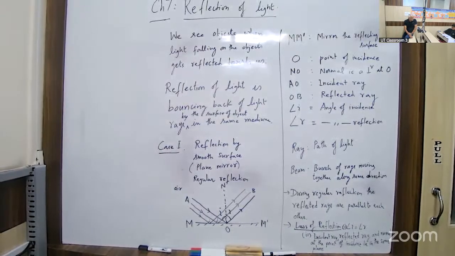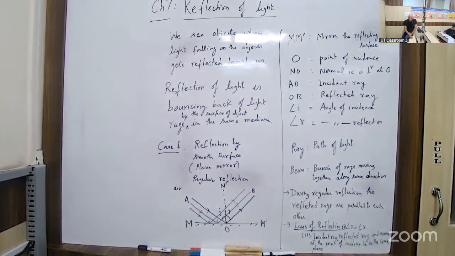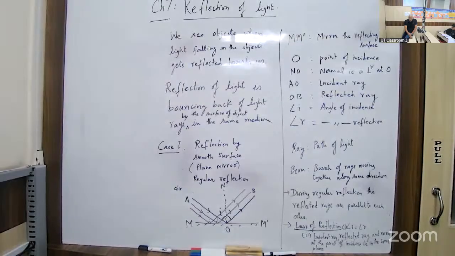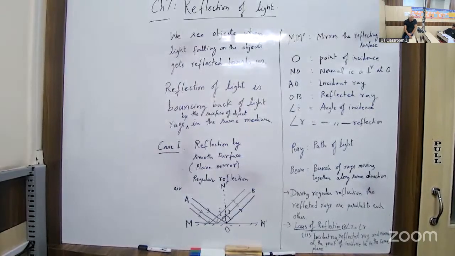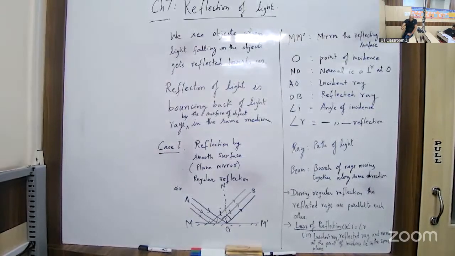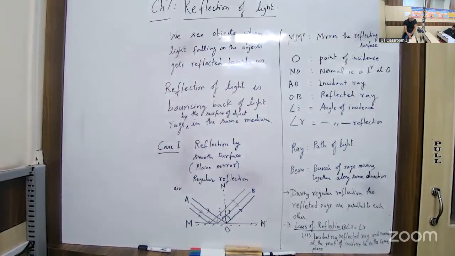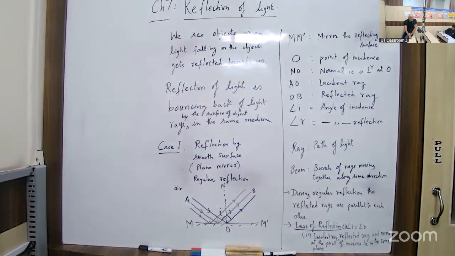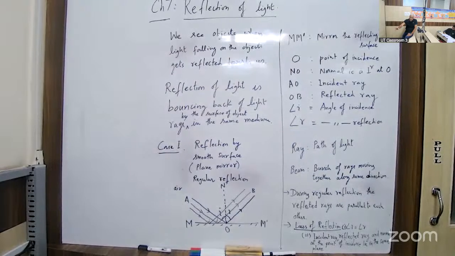Perpendicular at the point of incidence, where the point of incidence is the foot of the normal. So how many normals are here in this case? Three normals. All of them have different points of incidence. Correspondingly, they have their respective angle of incidence and angle of reflection. And all the angles of incidence and angles of reflection are the same in regular reflection, or reflection by a plane or smooth surface.